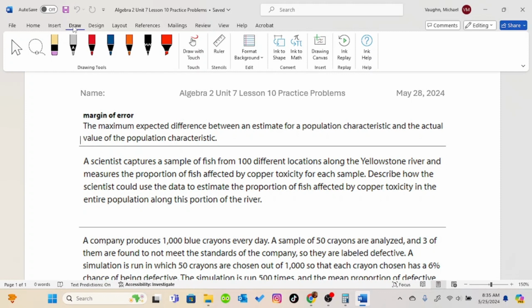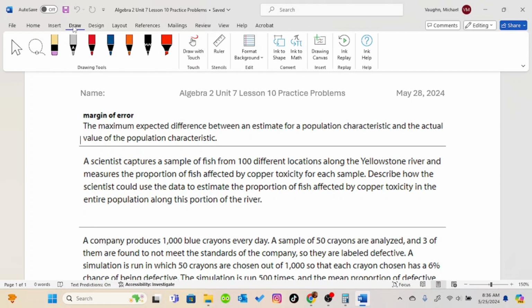The margin of error is the maximum expected difference between an estimate for a population characteristic and the actual value of the population characteristic. Meaning, how big a difference is there to the high side and the low side of what we think the mean is?